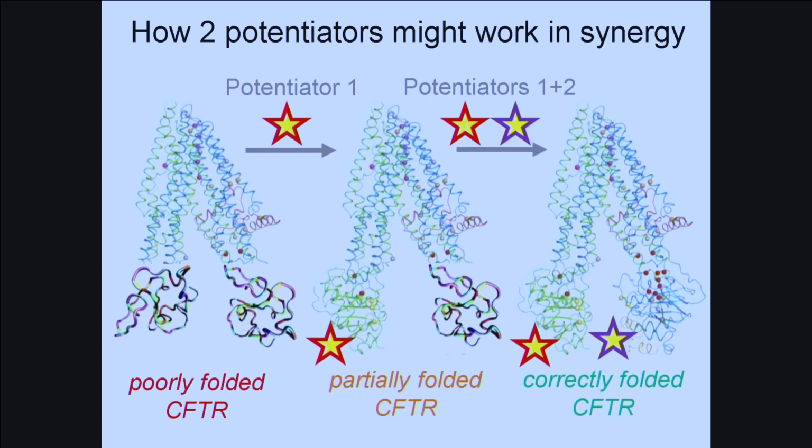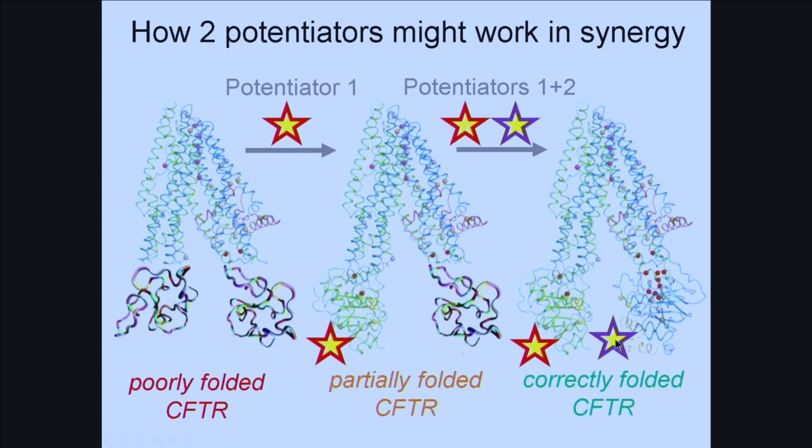And we don't at this point know the molecular mechanism, but we could draw a cartoon. Here we have a poorly folded CFTR with a misfolded nucleotide binding domain 1 and 2. One potentiator might correct one of these misfoldings. The other potentiator corrects the second, and both together, therefore, confer much more activity than one alone.